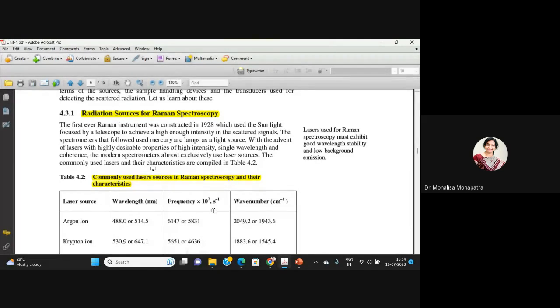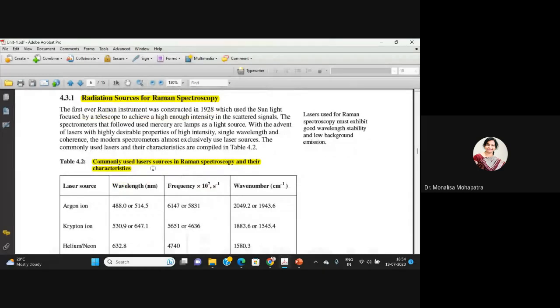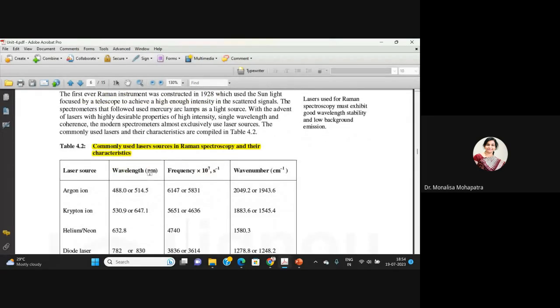Here the radiation sources are basically the argon ion and krypton ion lasers, used for Raman spectroscopy. Lasers are more intense as compared to normal radiation; the laser beam is more intense and gives a good source of radiation.